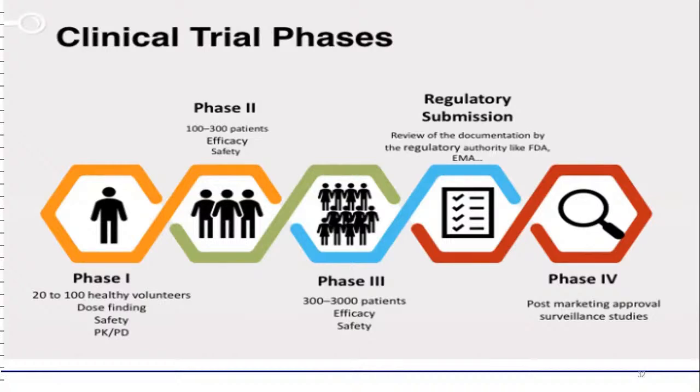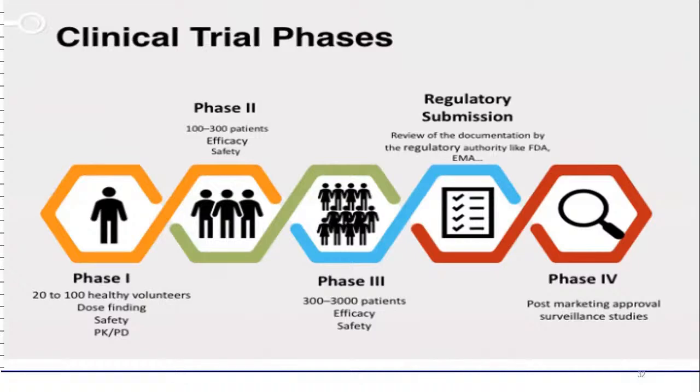Once this is done, we will file the regulatory submission application. Phase 4 of the clinical trial is there, but phase 4 itself is not an actual clinical trial. Phase 4 means post marketing, whatever is going on, we will consider it as phase 4 only. That is also called post marketing surveillance, meaning keeping an eye on the drug.